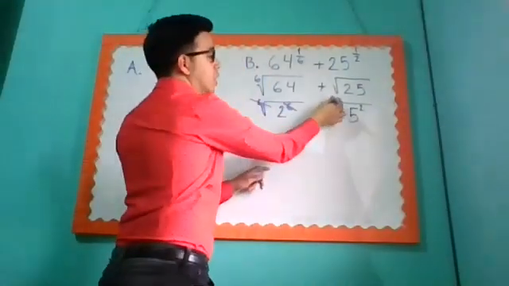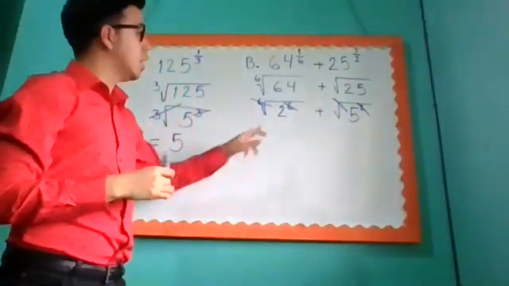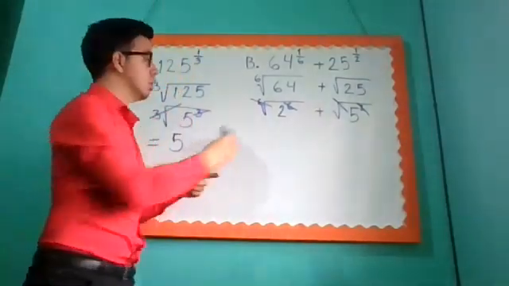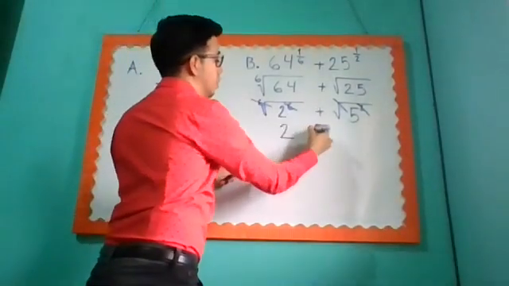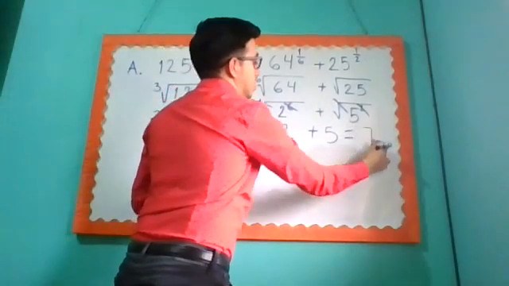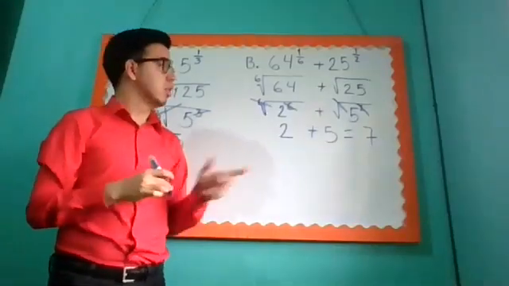We can take away this root with this exponent. And we only have 2 plus 5, because we eliminate the roots. So 2 plus 5 equals 7. That's the reason why you obtain 7 in the result.